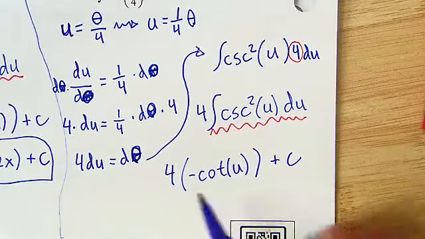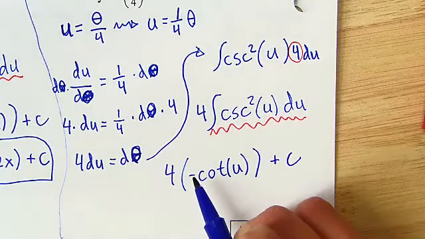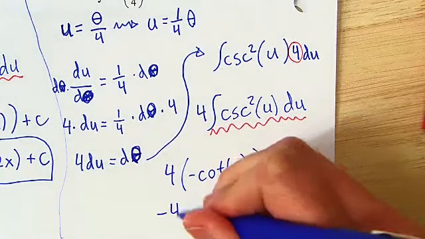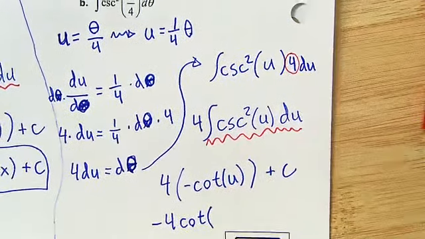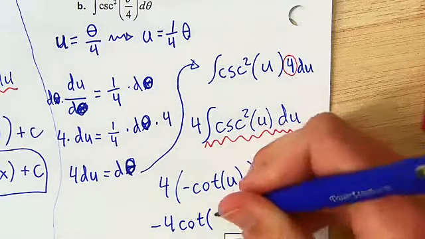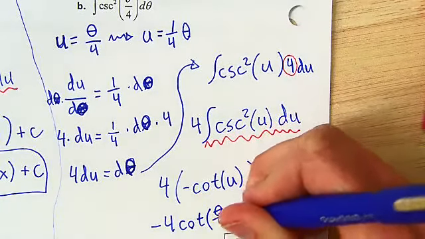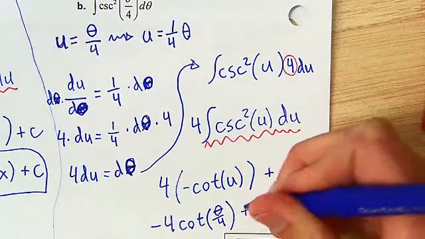So now what I'm going to do is I'm just going to rewrite this. So I'm just going to put that negative in front of the 4. So now I have negative 4 cotangent. And then for that u, I'm going to plug back in what my original u was, which was theta over 4. And then I have my plus c.